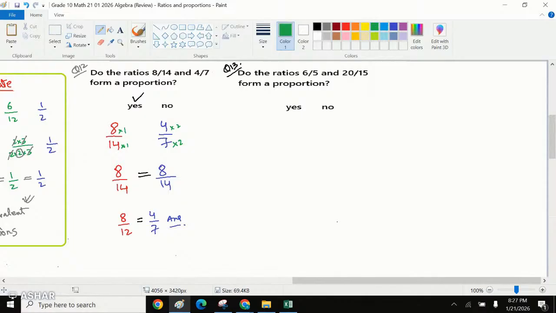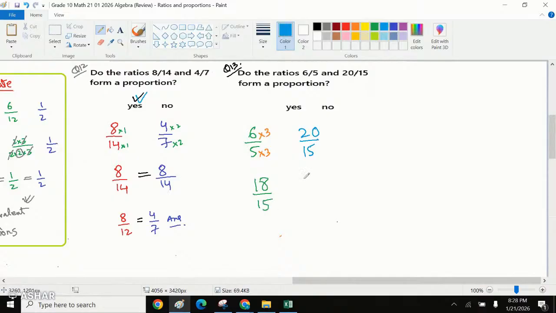So if we say 6 upon 5 and 20 upon 15, right? 15 is a larger number. That means 5 can be changed into a 15. 5 times 3, that means the numerator times 3 also. So 6 times 3 is 18 upon 15.